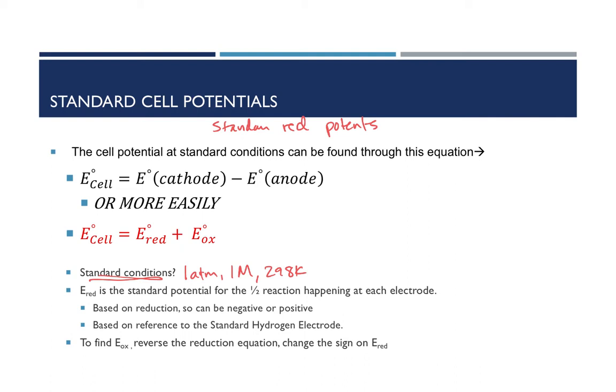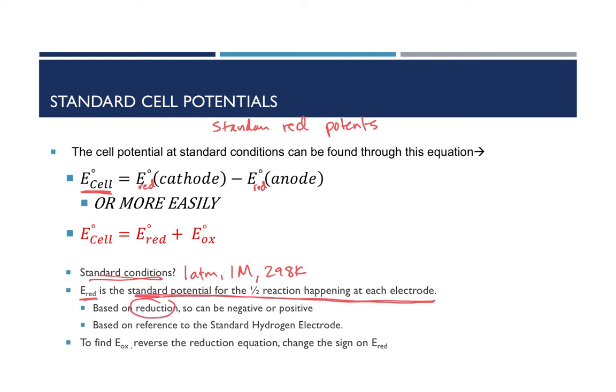If we want to figure out the cell potential, or how many volts a battery is able to produce, we take the reduction potential of the cathode minus the reduction potential of the anode. E reduction is the standard potential for the half reaction happening at each electrode.